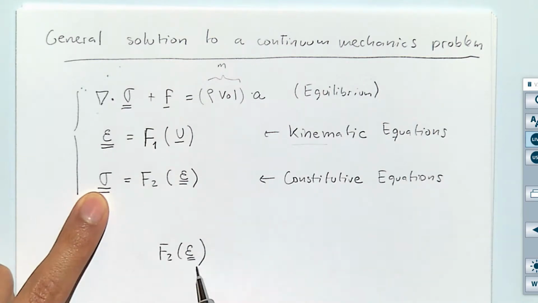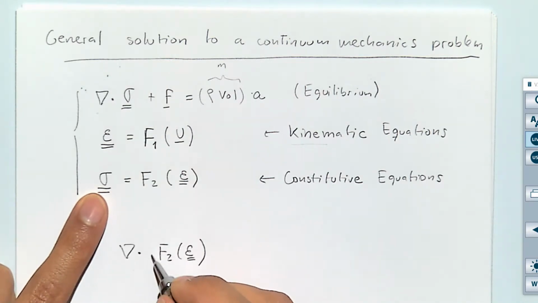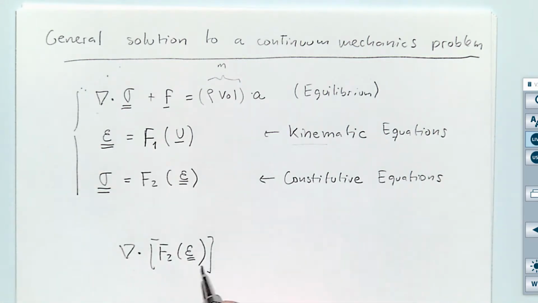This is going to be the gradient, the divergence of that term, and this is going to be still the same.